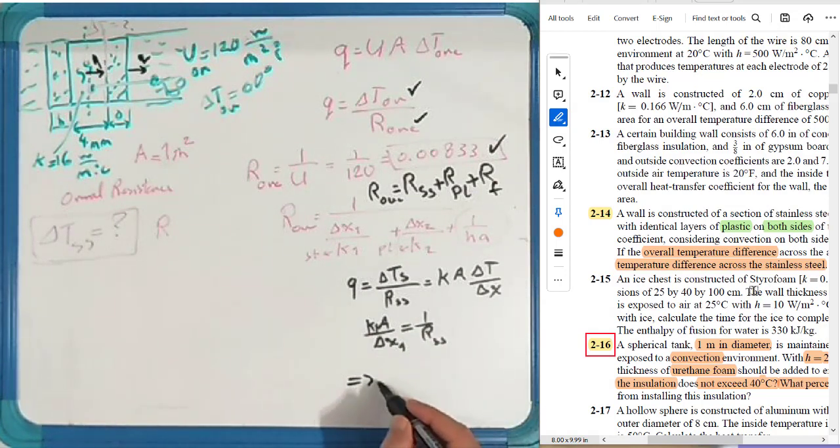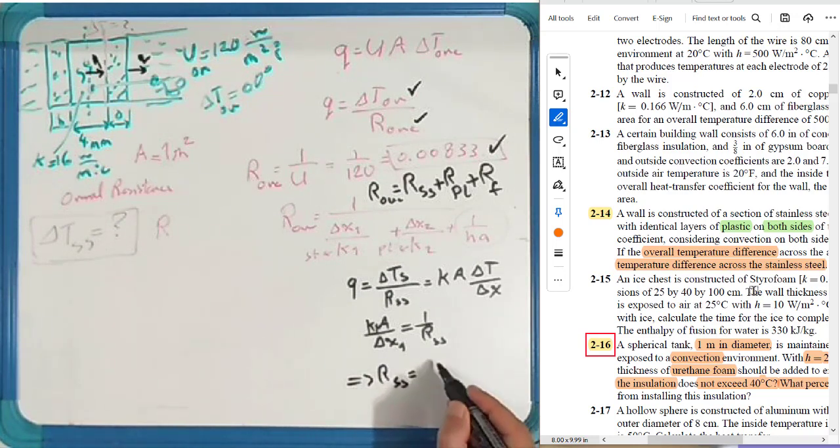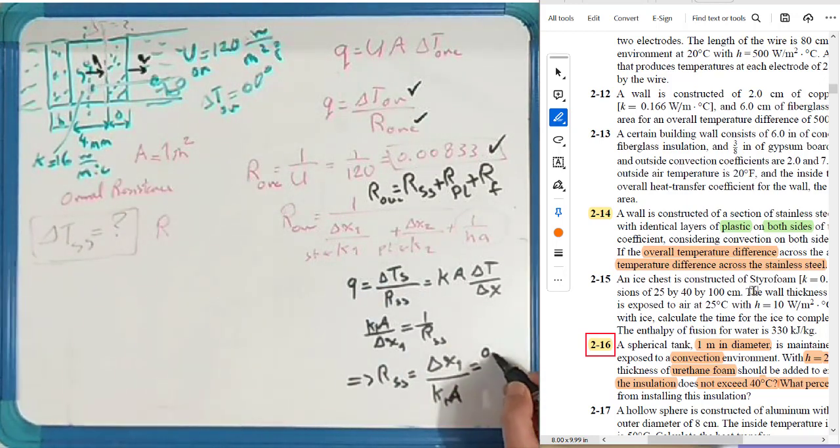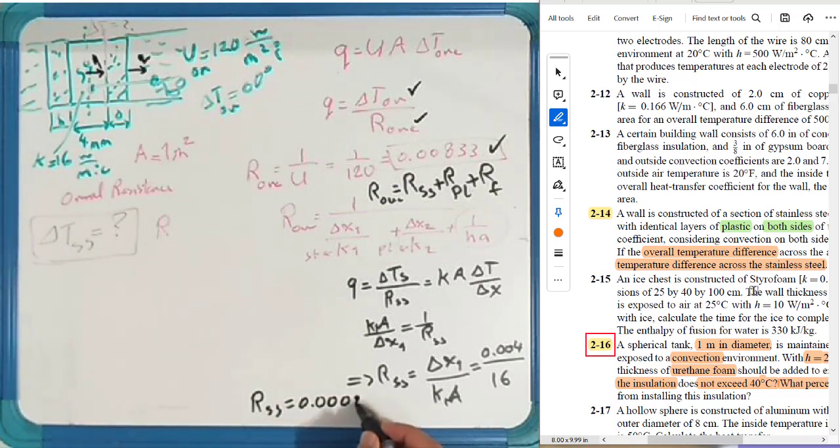Then R for steel would be delta X1 over K1 A. I have delta X, 4 millimeters, divided by K, which is 16 for steel, so R for steel will be 0.00025.